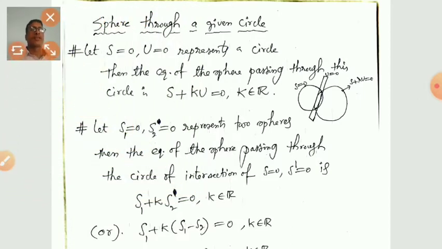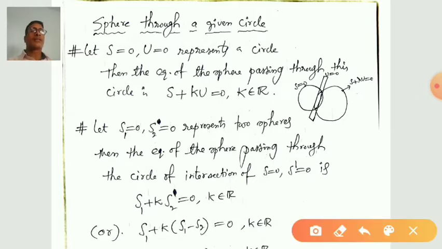Sphere through a given circle. Let S = 0 be a sphere and U = 0 be a plane. Then these two equations together represent a circle. In my earlier video, I told that in three-dimensional geometry, the equation of a circle is given by two equations.